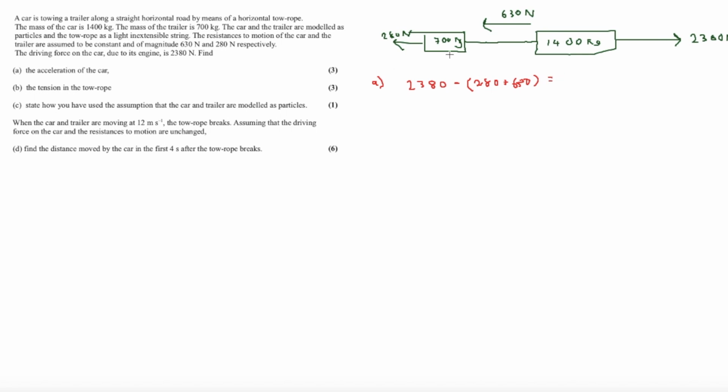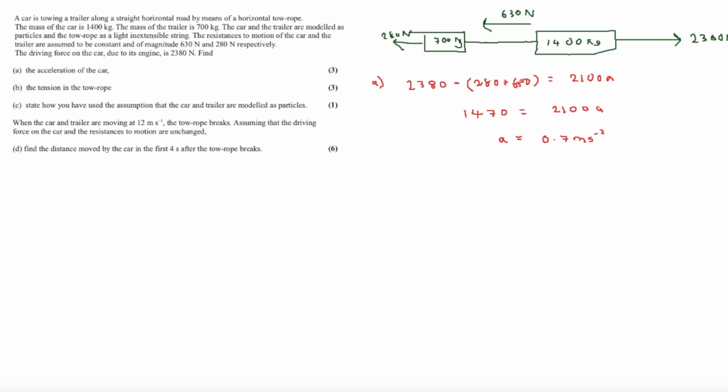We don't have the acceleration, but the mass, we're going to add that to get 2,100 a. So simplifying this, we get 1,470 is equal to 2,100 a. Then doing 1,470 divided by 2,100, a is going to be 0.7 meters per second squared.